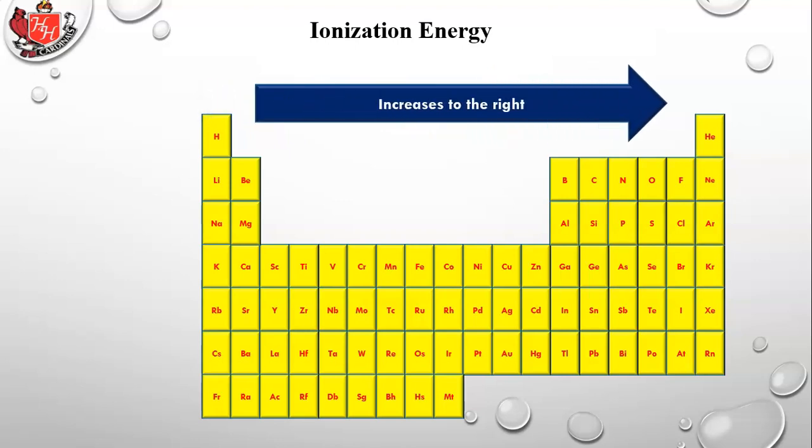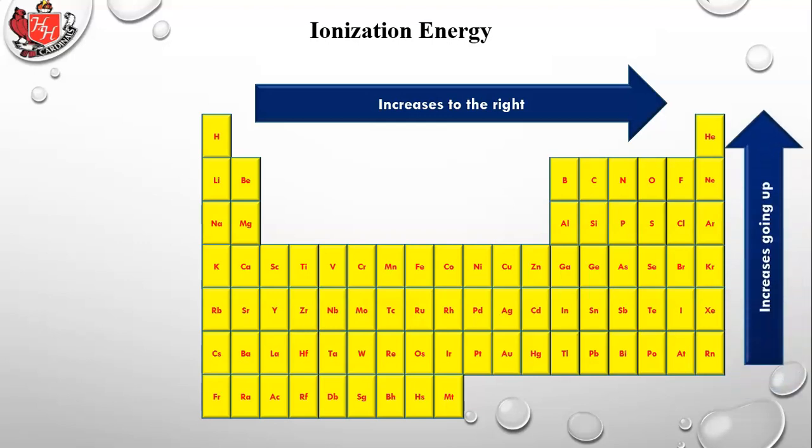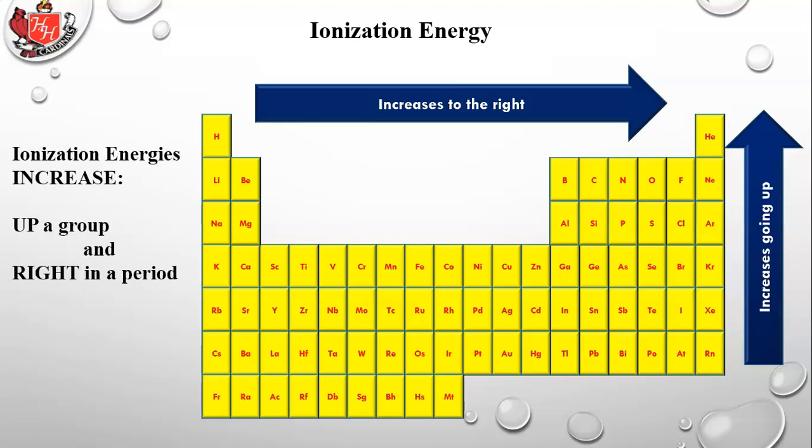So ionization energy increases as you go from left to right across the periodic table, and it increases as you go from bottom to top up the periodic table. So ionization energies increase up a group, being a column, and right in a period, that is across a row.